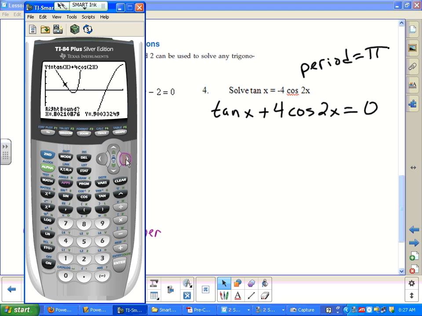So in this case, you're going to have to use the trace. Use your arrow keys. Oops, too far. Go back. There we go. All right, so 0.974.